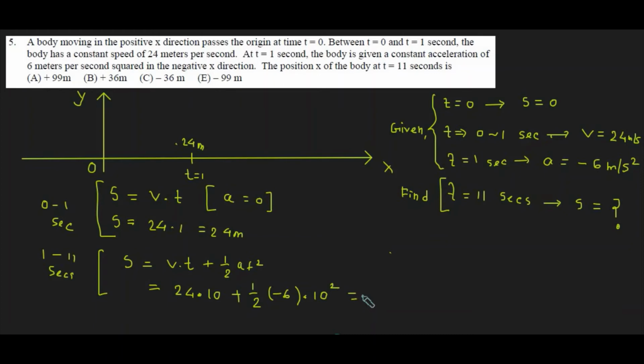If you do these calculations, you will get -60 meter, which means the total displacement between 0 to 11 seconds can be represented by +24 -60, that is equal to -36 meter.